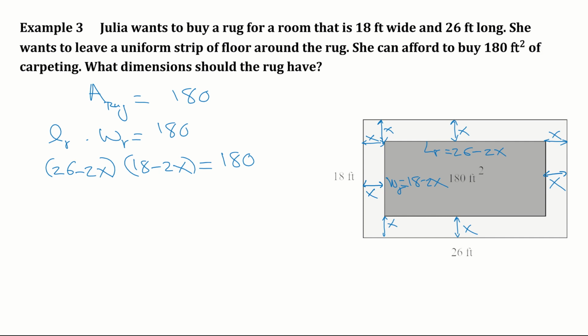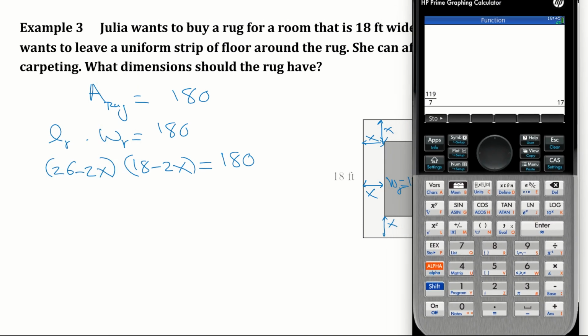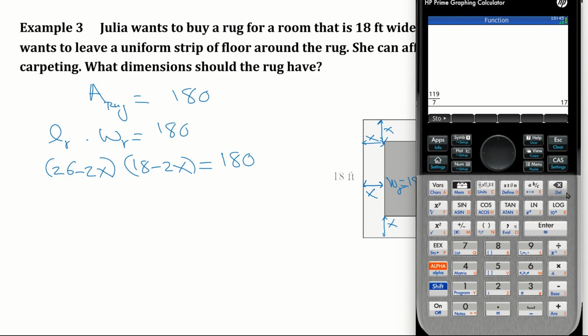First, of course, we're going to go to standard form. So let's go ahead and do some distributing. I'll just work it horizontally rather than go to a table. We can just work it out like this. So we're going to distribute the 26.